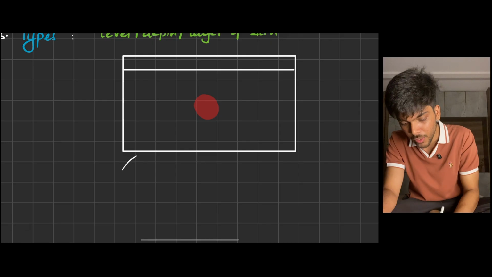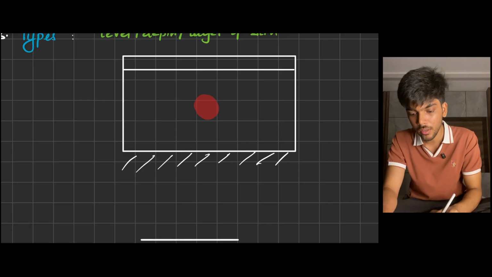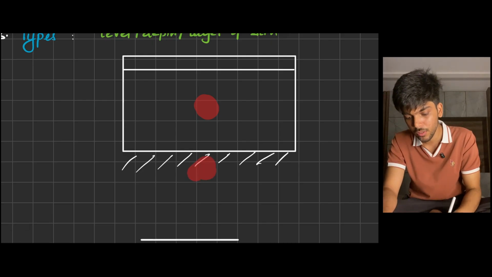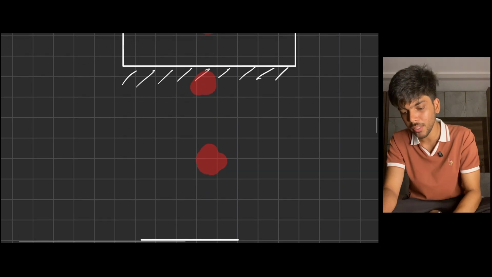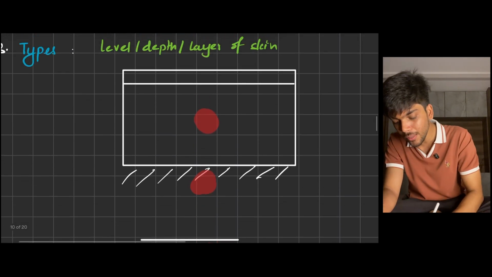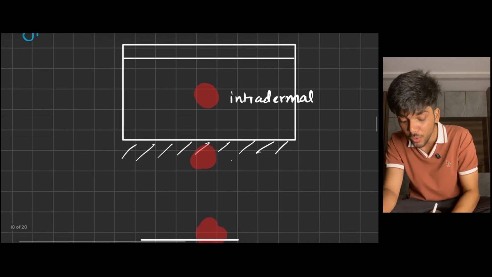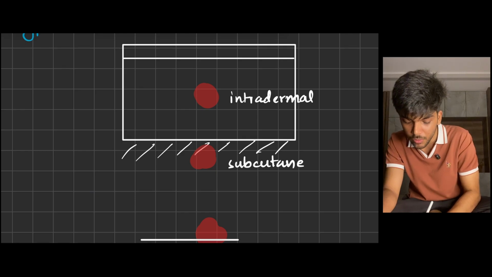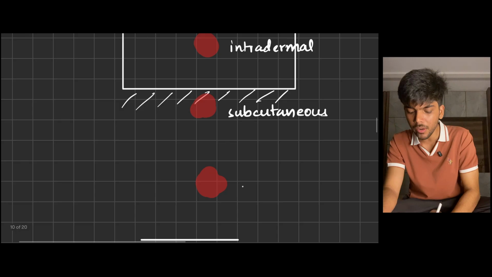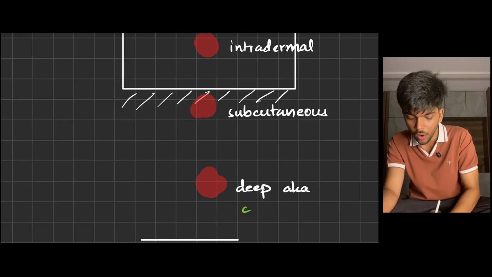Then there's subcutaneous tissue just below the dermis. Here's a bruise, or much deeper there's a bruise. So either the bruise can be within the dermis, which is intradermal bruise, or within the subcutaneous tissue below the dermis, which is subcutaneous bruise, or way deeper, which is deep bruise. Deep bruise is also referred to as come out bruise.